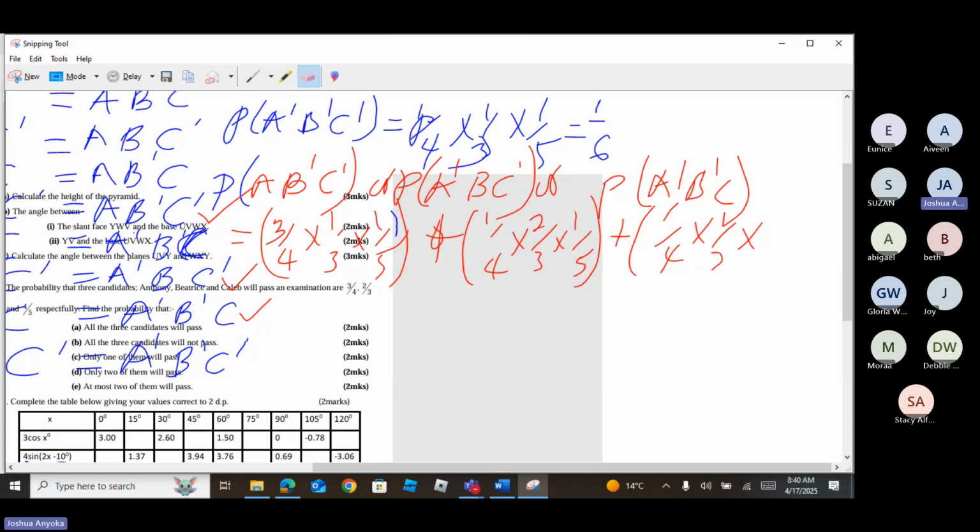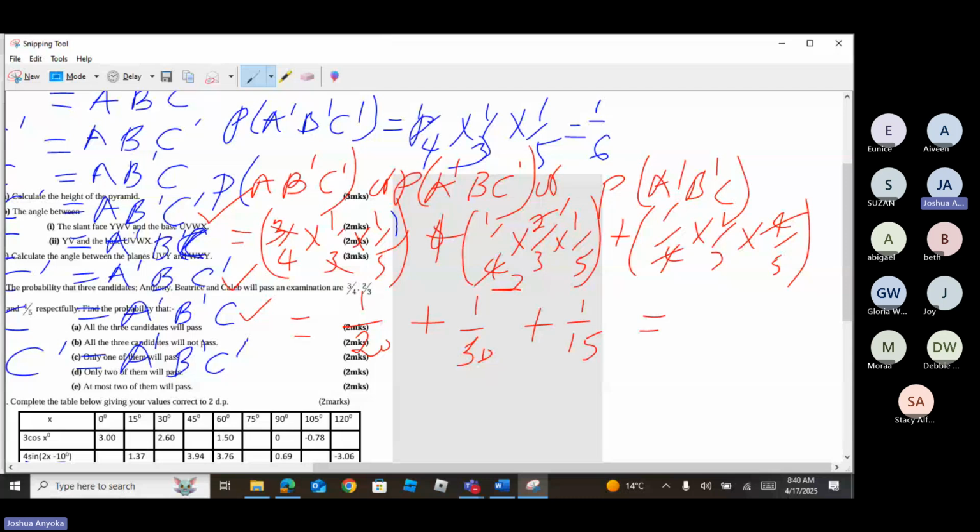The probability of Caleb passing was 4/5. Then we work out, this is 1/20 plus 1/30 plus 1/15. And then you get the answer.